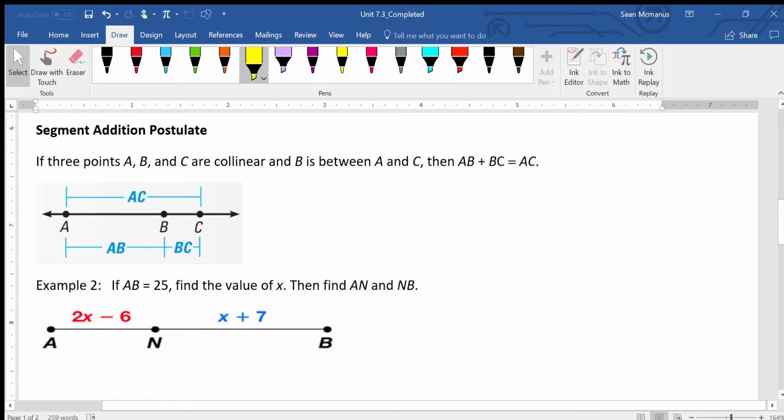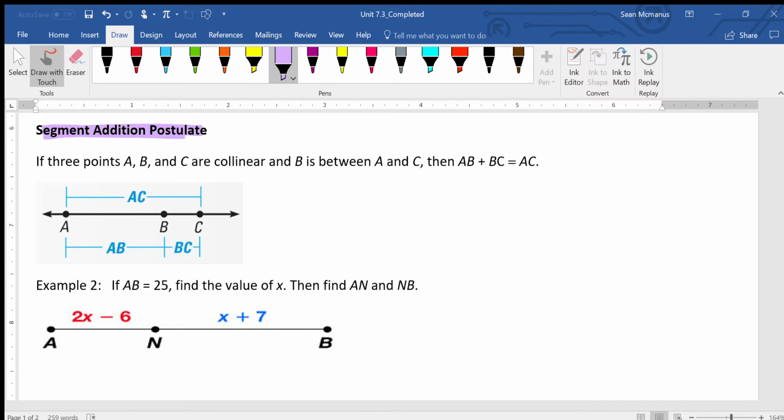The segment addition postulate is a basic one we're going to start with. It tells us if we have 3 points, A, B, and C, and they are collinear, and let's remember from the last unit, co means things are shared and linear means a line. So if we have 3 points that are sharing a line and B is between A and C, then segment AB plus BC equals AC.